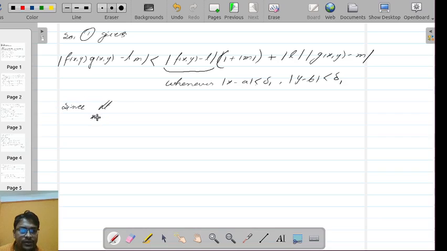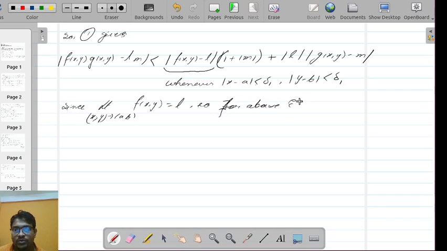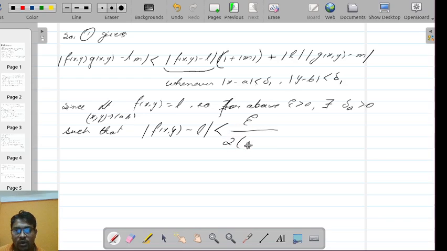Since limit xy tends to ab of f of xy is equal to L, for the same epsilon that we started with, epsilon greater than 0, there exists delta 2 greater than 0 such that mod of f of xy minus L can be made less than epsilon by twice 1 plus mod m.